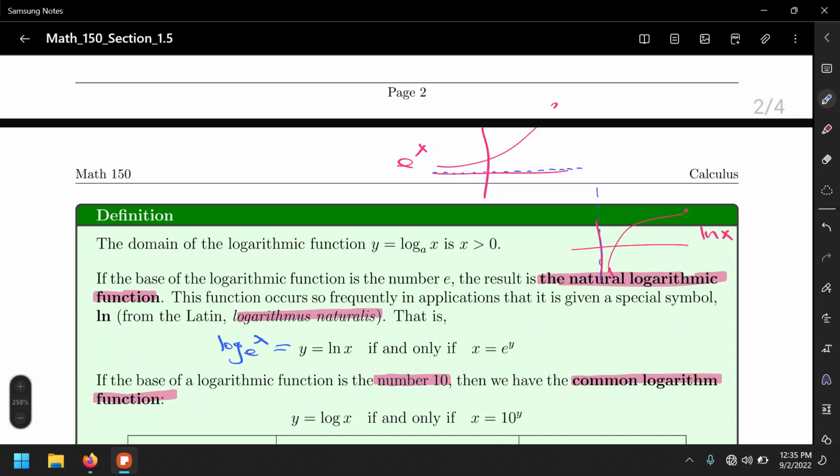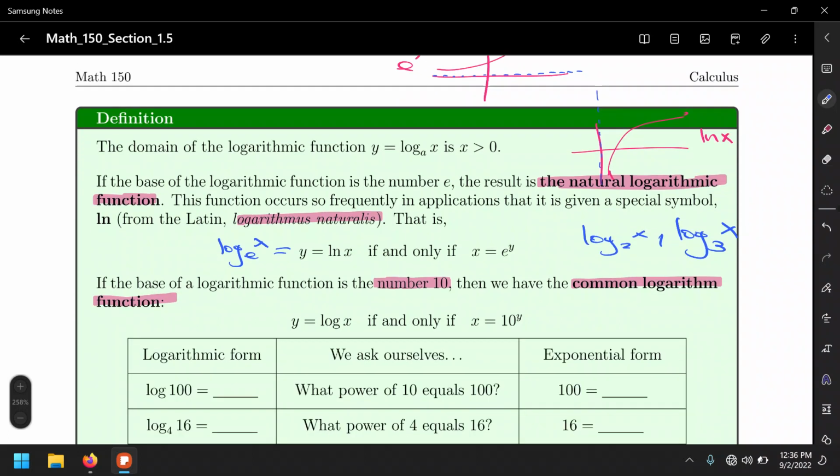We recognize a common logarithm, or a logarithm base 10, when we just see the word log without any subscript. Otherwise, you would see log base 2 of x, log base 3 of x, other bases. But the most common ones that we will use are the common logarithm, base 10, and the natural logarithm.